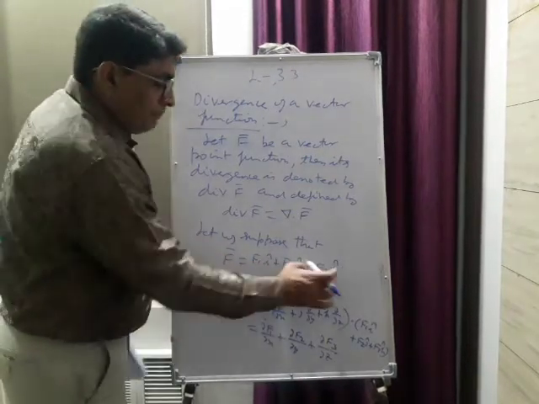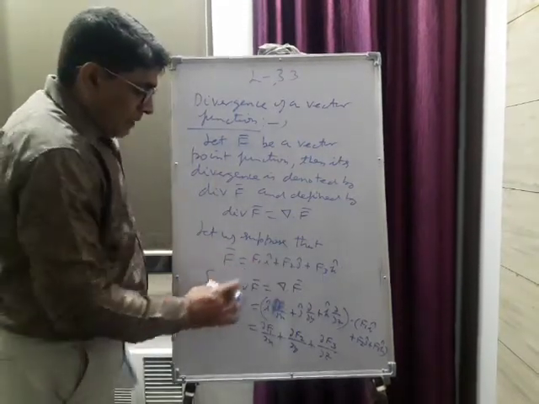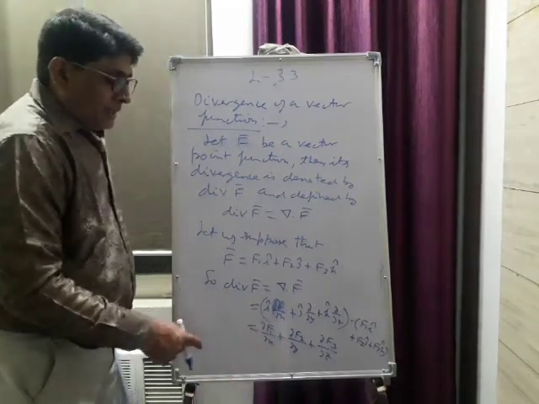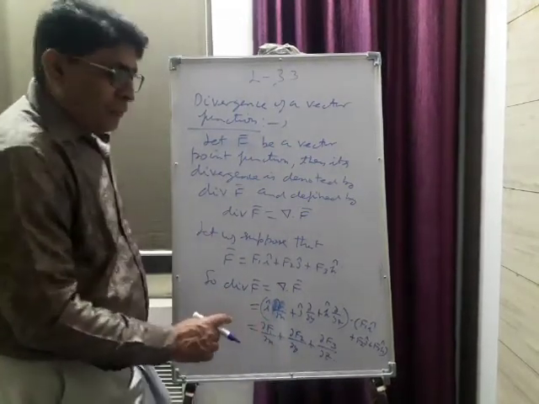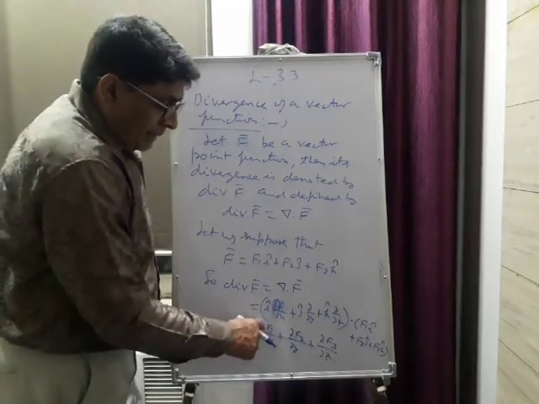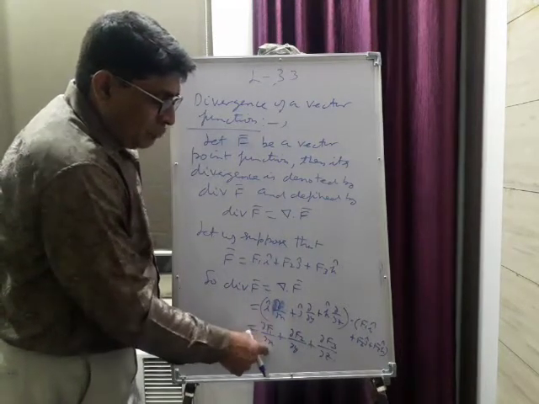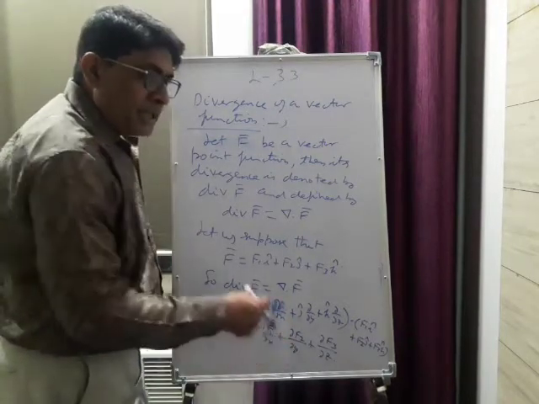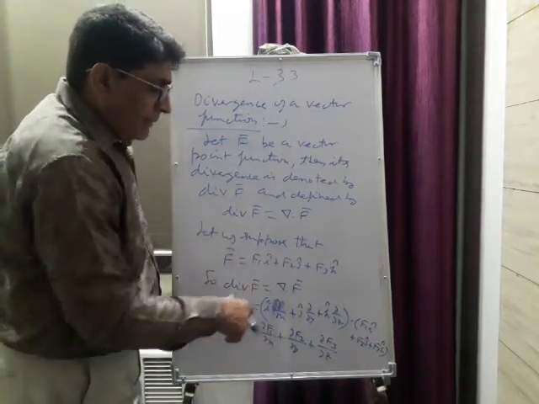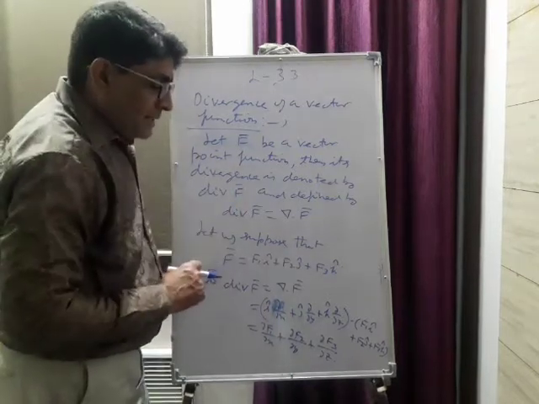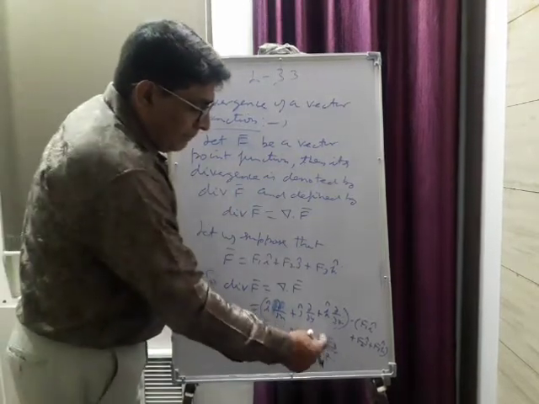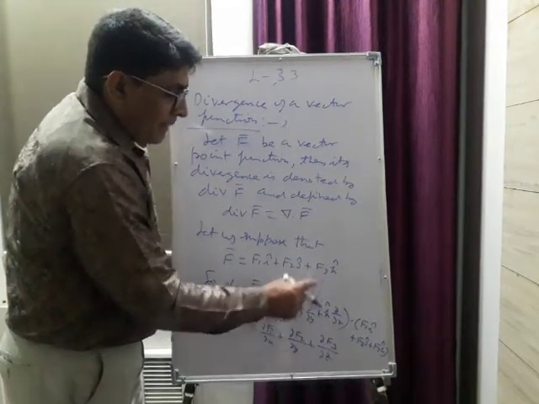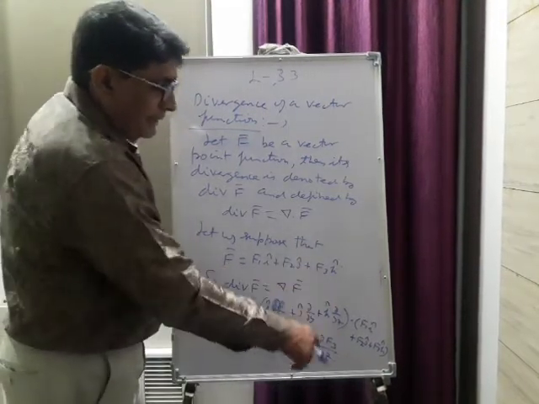This is a vector function. So now divergence of f becomes del f1 upon del x, the partial differentiation of f1 with respect to x, and partial differentiation of f2, the component along unit vector j, and partial differentiation of the component f3 along k.